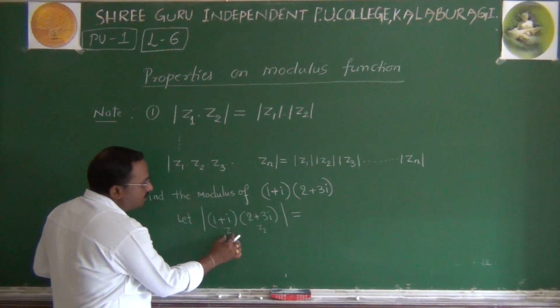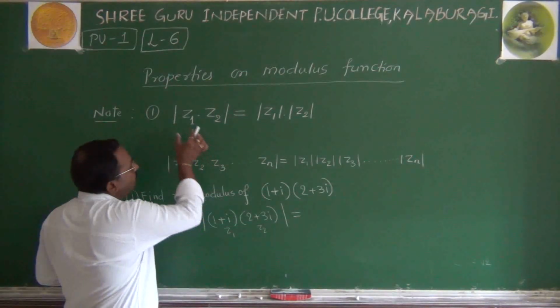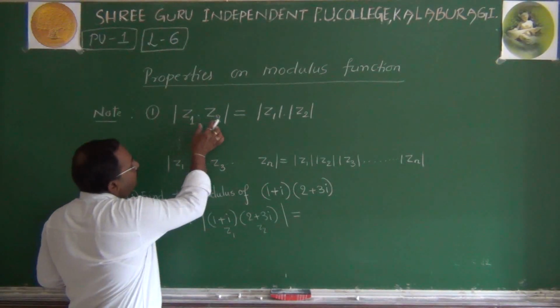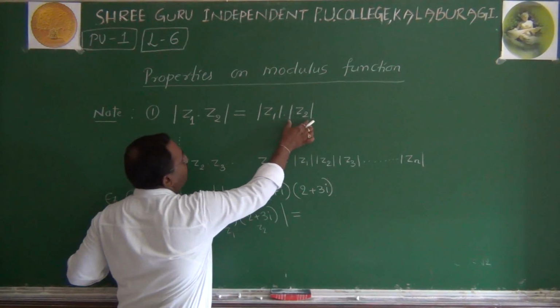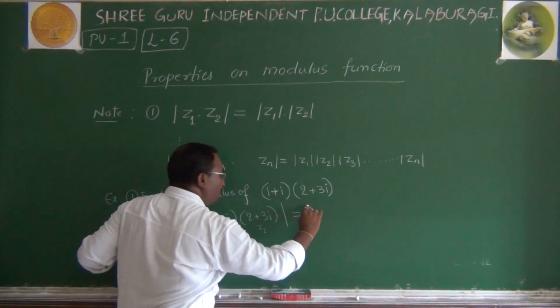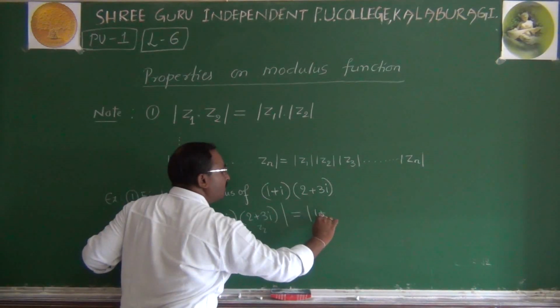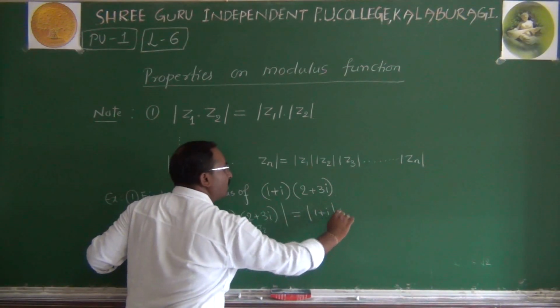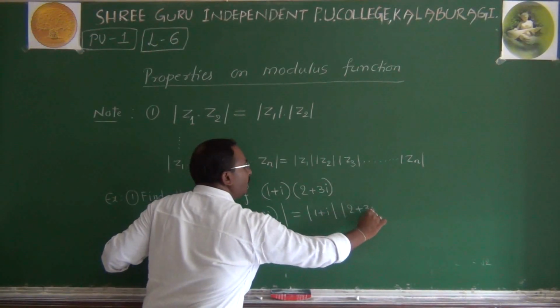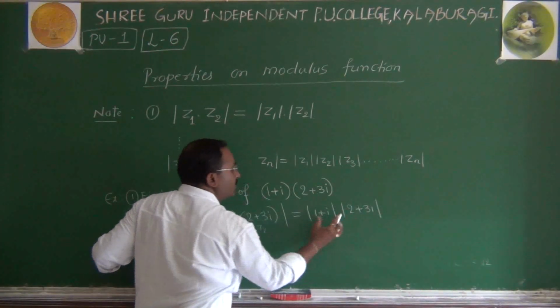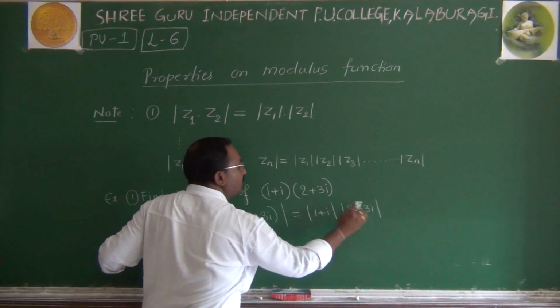Modulus of z1 into z2 is modulus of z1 into modulus of z2. This is the modulus of 1 plus i into the modulus of 2 plus 3i.